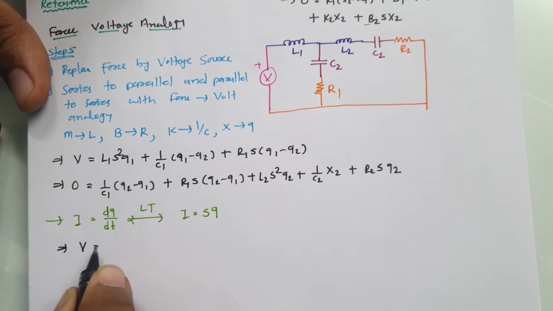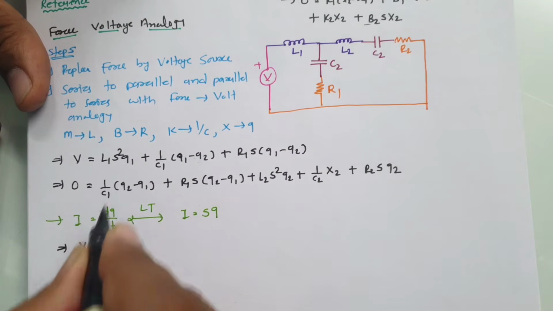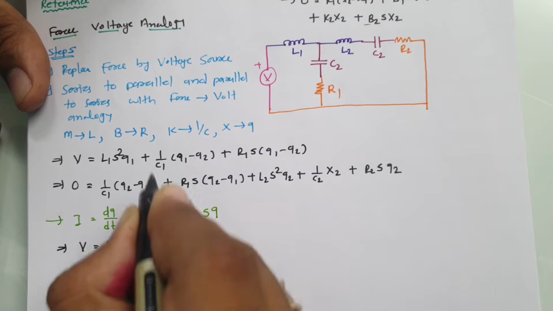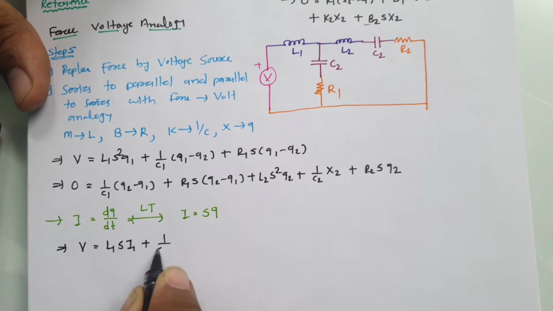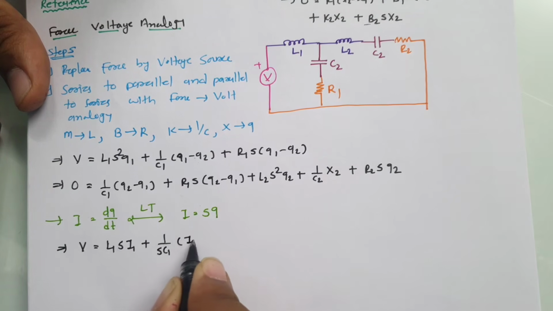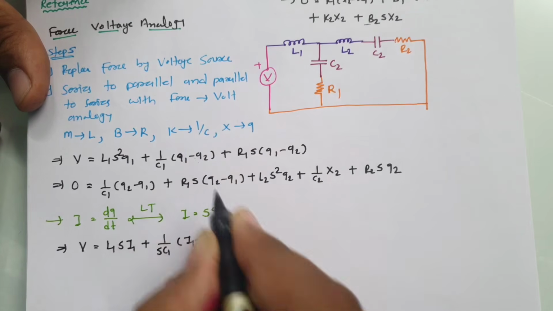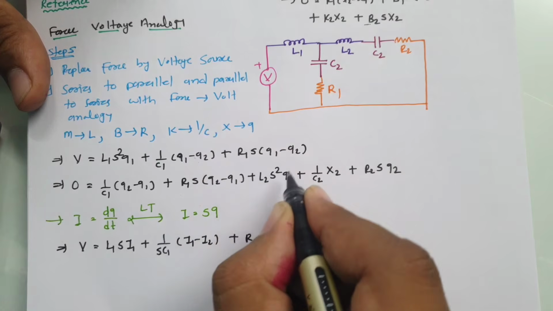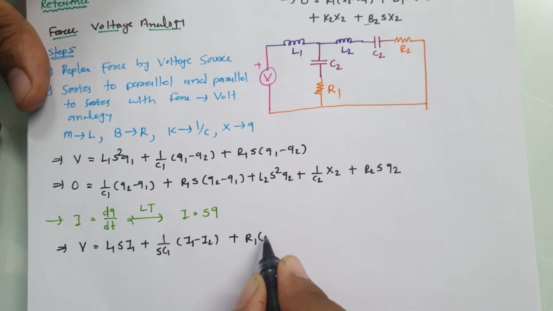So V is equal to, now you see, L1 into S square Q1, so we can say L1S into I1, plus 1 by SC1 into I1 minus I2, plus R1 into SQ1 minus SQ2, so that is I1 minus I2.